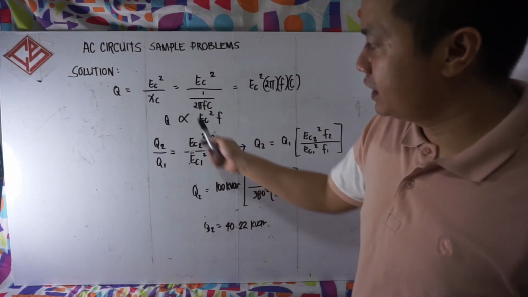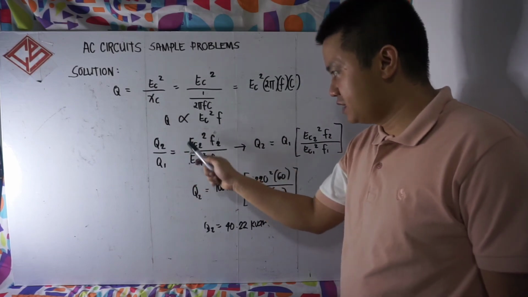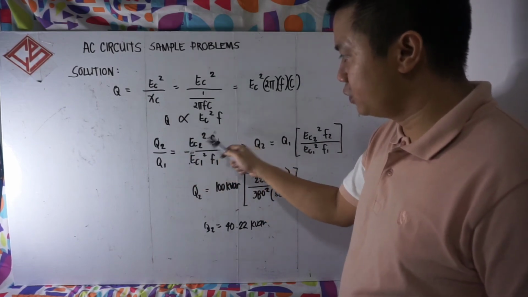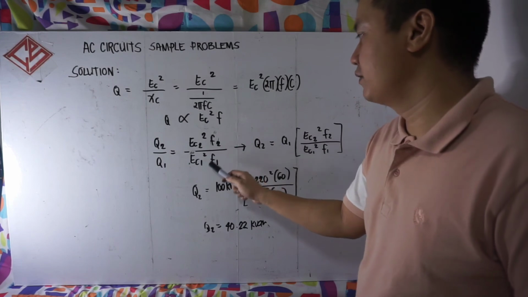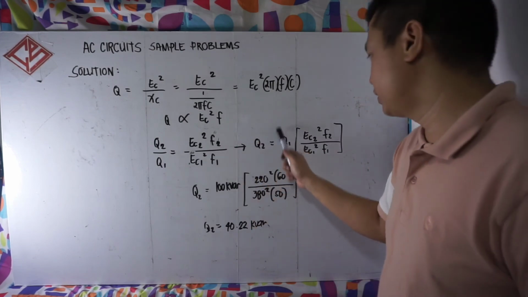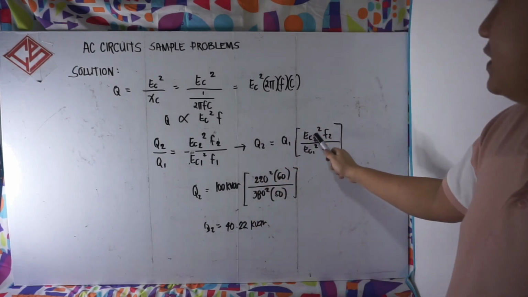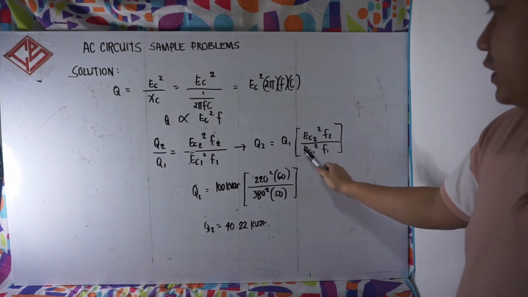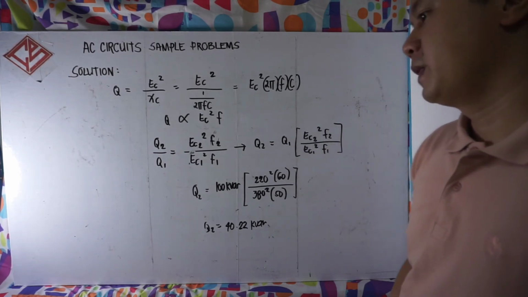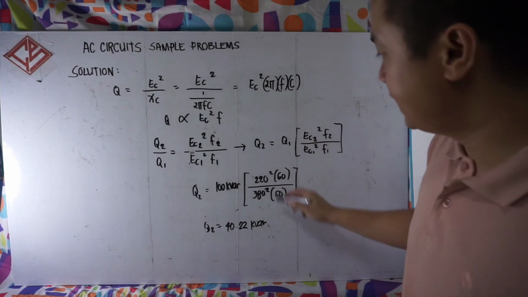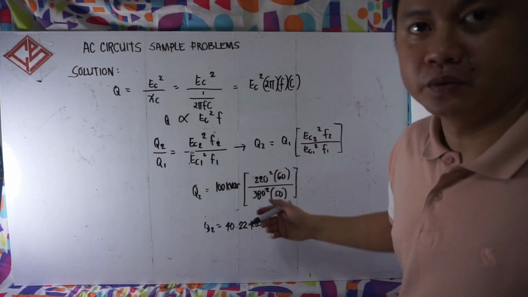So you will have a relationship of Q2 and Q1, which is EC2 squared F2 over EC1 squared F1. So therefore your Q2 is equal to Q1 multiplied by EC2 squared F2 over EC1 squared F1. So substituting all the values, you will have 40.22 kVAR.